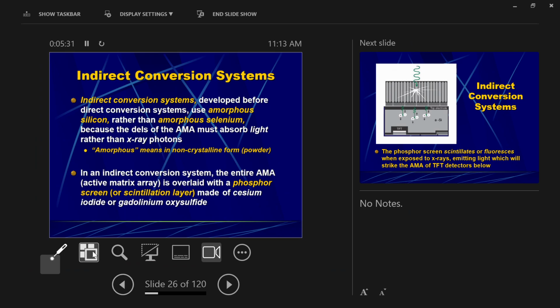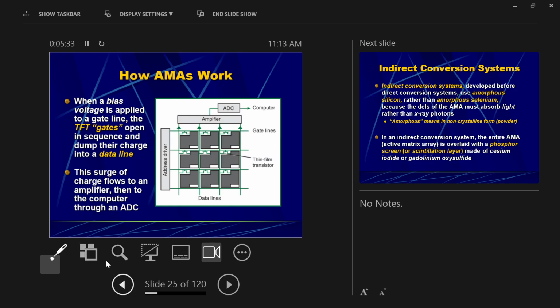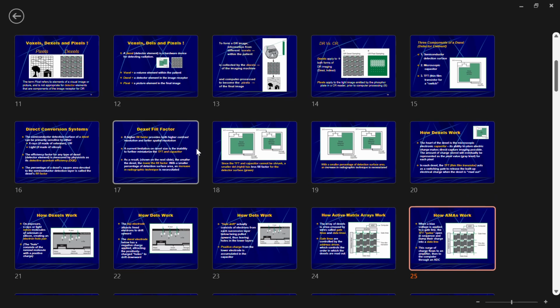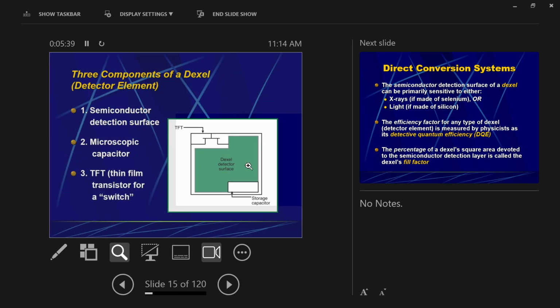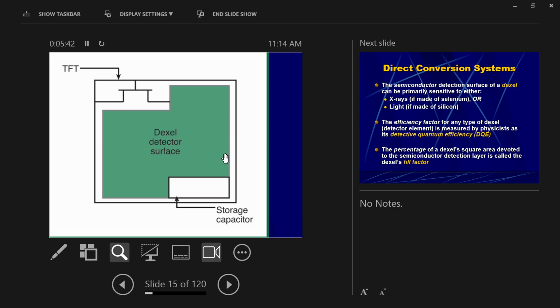Let me backtrack just a little bit here. So these detector surfaces shown in green are sensitive to X-rays or visible light, depending on which material the manufacturer decided to use.